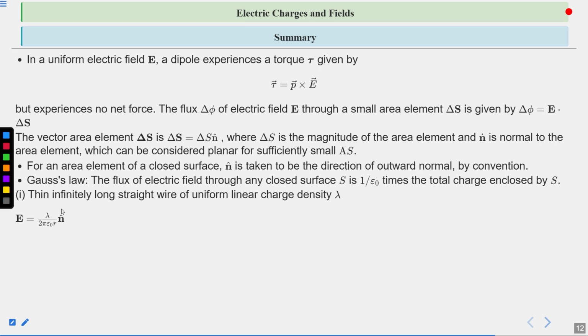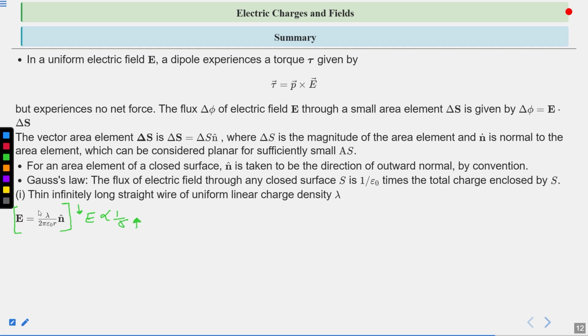So in that case, the electric field E is equal to lambda divided by 2 pi epsilon naught r n cap. Now the important point here is that E is inversely proportional to r. When r increases, E decreases.